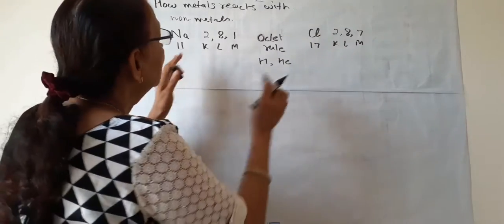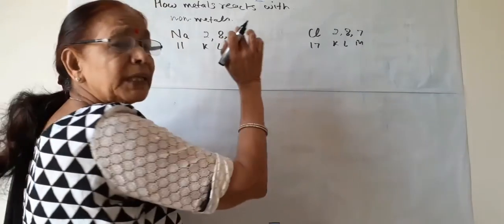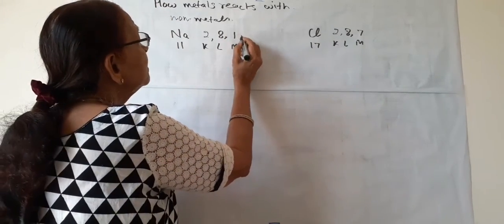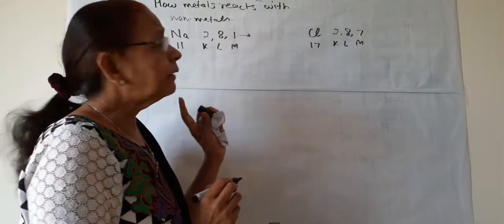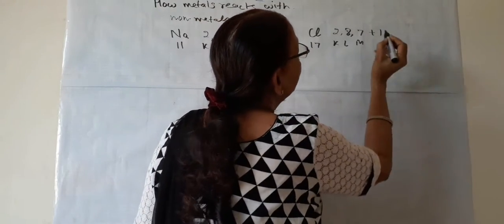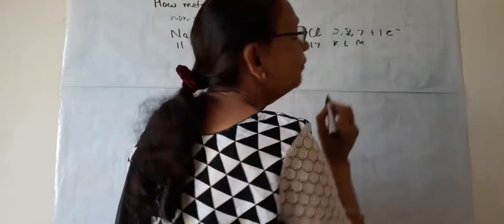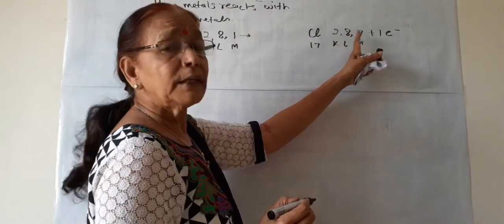So for sodium, as only 1 electron is present, it will be easier for sodium to donate this electron, and for chlorine to accept 1 electron to make it 8. Then chlorine will have 2, 8, 8.